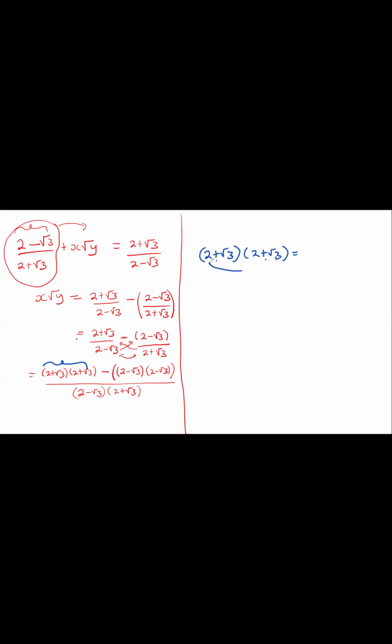This 2 multiplies everything here, so I will say 2 into 2 plus root of 3. Then this one here also multiplies everything, so I say plus root 3 into 2 plus root of 3. So when I continue, I'll multiply. This 2 times what is inside gives us 4 plus 2 root of 3 plus 2 root of 3 plus root of 9.